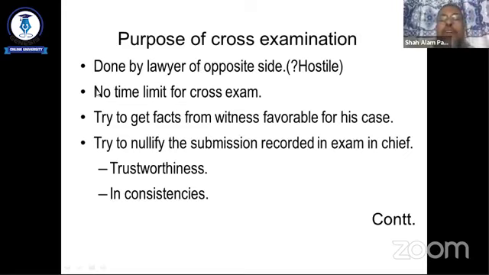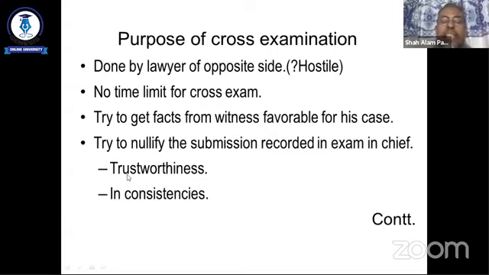No time limit for cross-examination. Try to get facts from the witness favorable for his case. Try to nullify the submission recorded in the examination in chief.